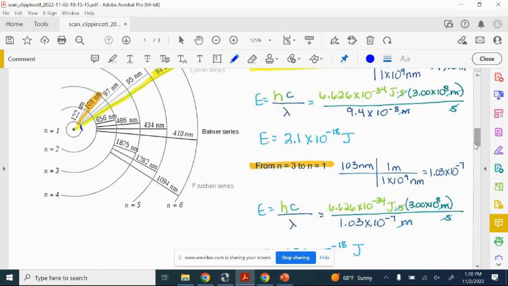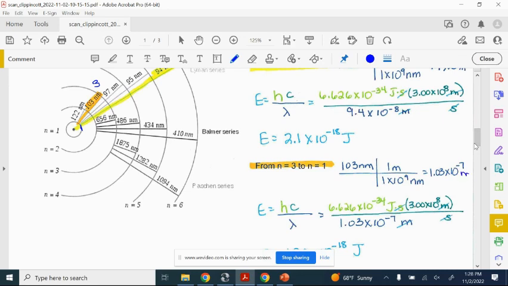Then if I continue, now my n is 3. So I'm going to find this shell that is 3. I find the line that connects the 3 to the 1, and that's 103 nanometers. Sorry, 103 nanometers.